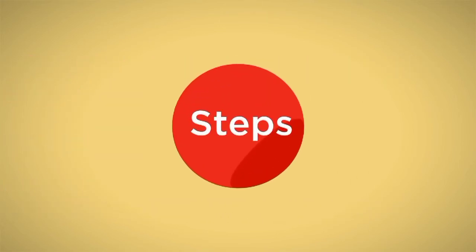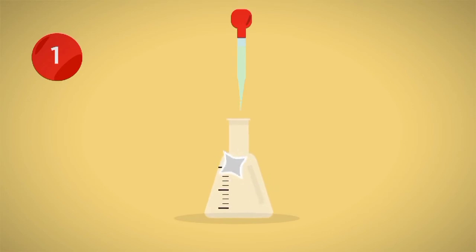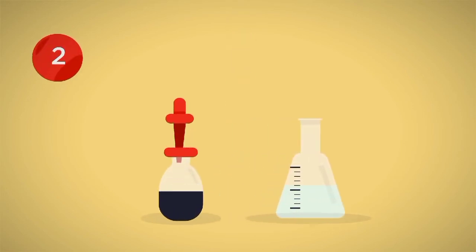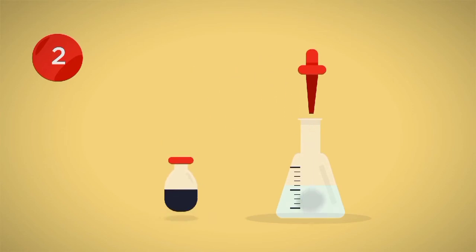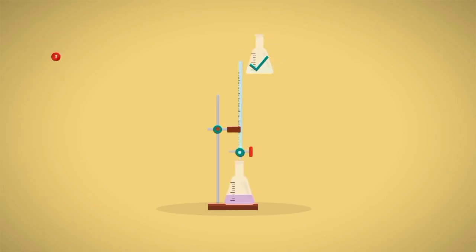To carry out the titration, you follow these steps. 1. Using the pipette, add a set volume of the unknown solution to a clean conical flask. 2. You may also need to add a few drops of indicator. 3. Fill the burette with the known solution. 4.